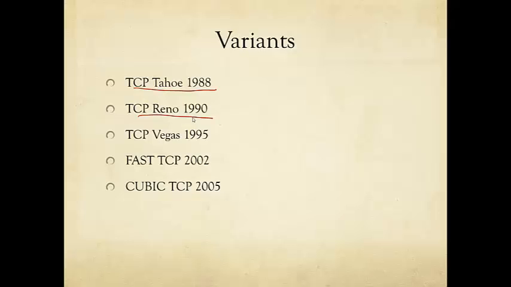Then there was a plethora of different TCP variants, including TCP Vegas in 1995, which uses delay rather than loss-based congestion signal. This is delay instead of loss. And then in the late 90s and early 2000s, another surge of different TCP proposals were presented, including one called FAST in 2002.